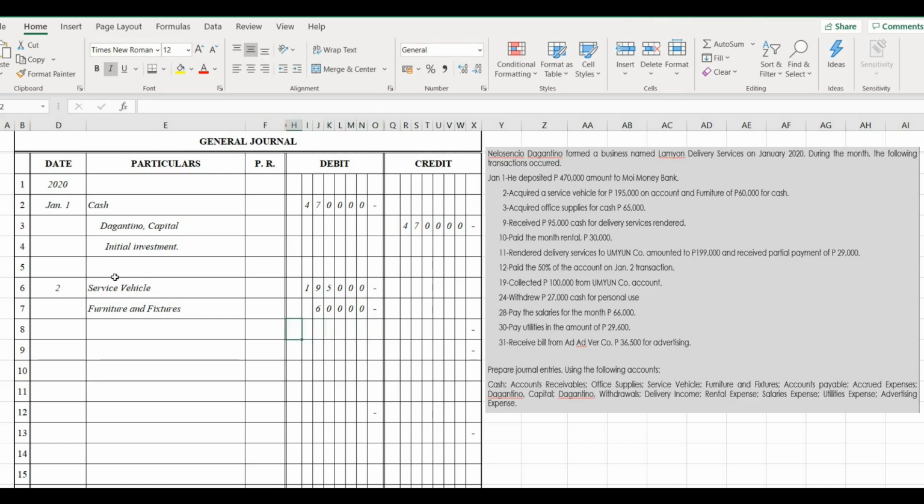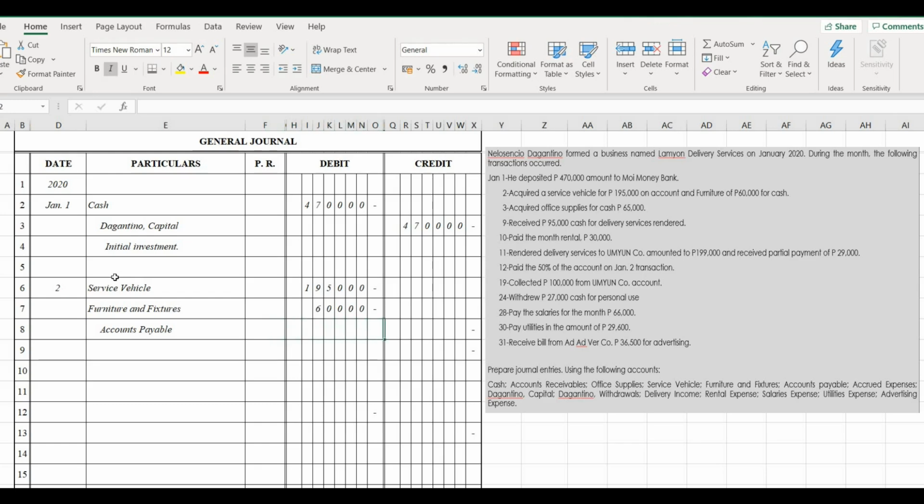And then for the credit side, so ano ba yung mga affected accounts? So since the service vehicle was acquired on account, so you have a note or you have an accounts payable. Again, you have to indent your credit side. Now, do not forget indentation.